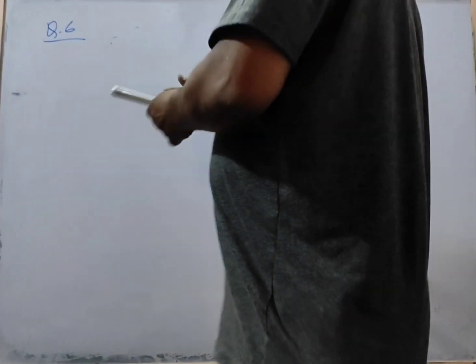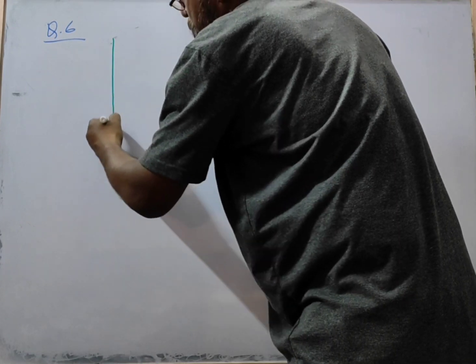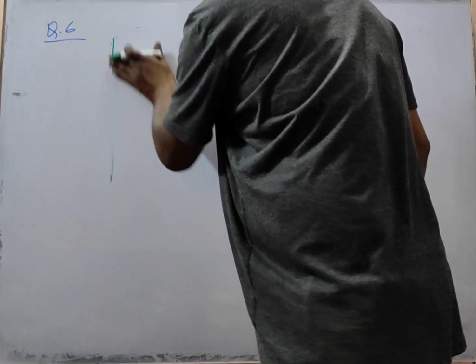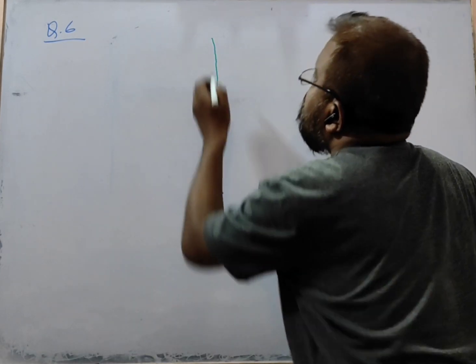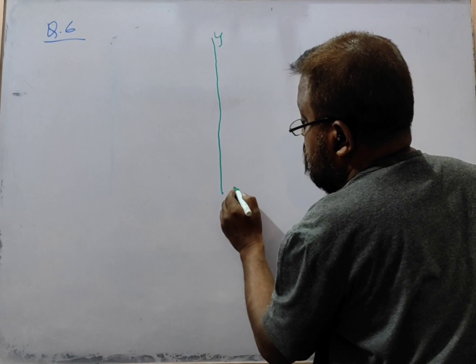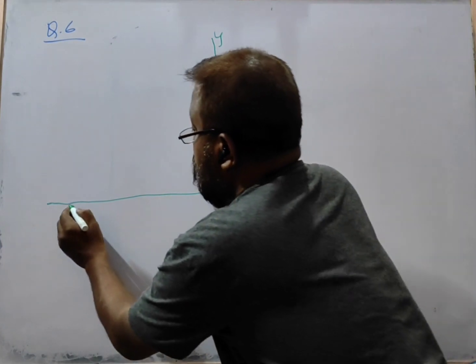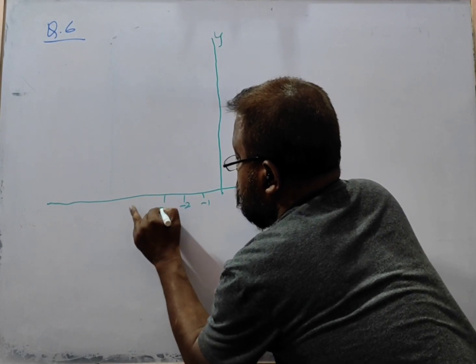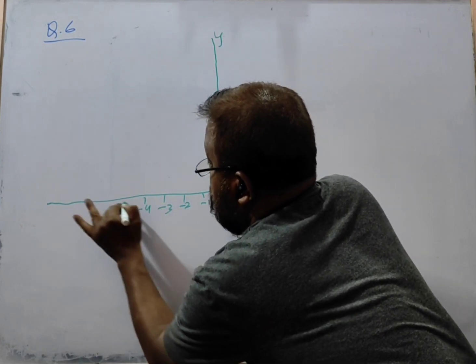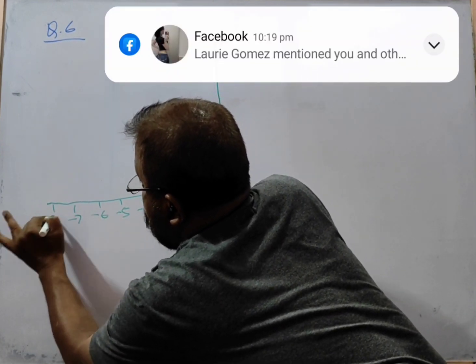This is the Cartesian plane, and the point is minus 8 comma 4. So if I take it like this, this is the y-axis, this is the ordinate. And on the x-axis we have minus 1, minus 2, minus 3, minus 4, minus 5, minus 6, minus 7, minus 8.